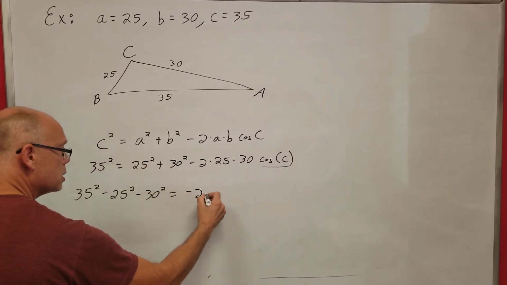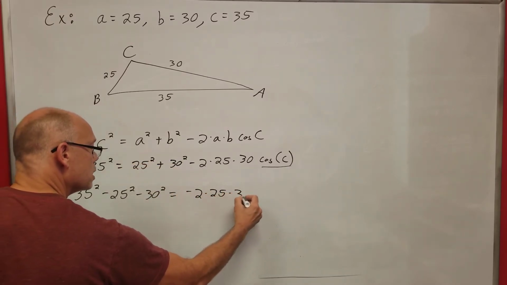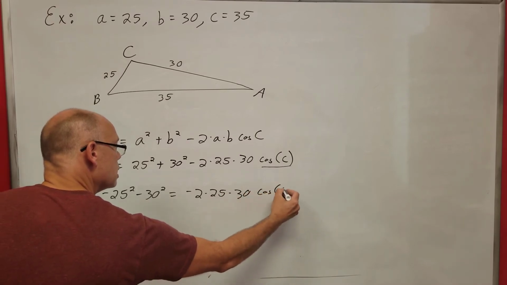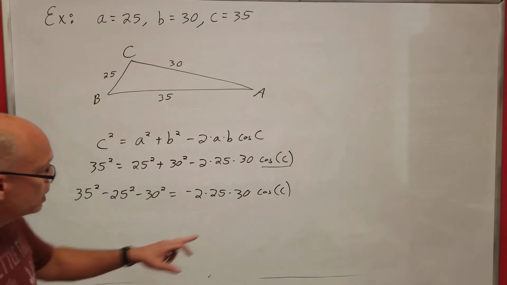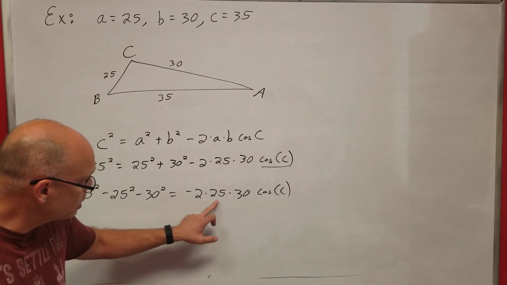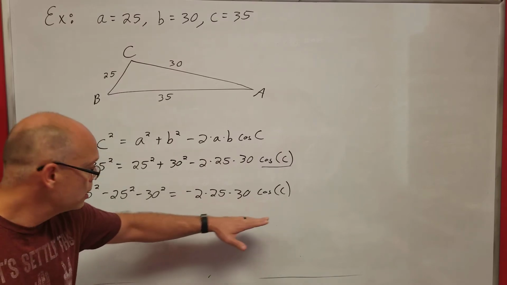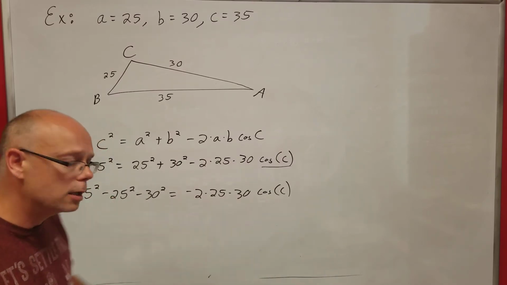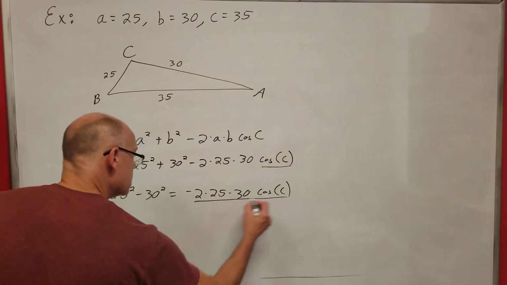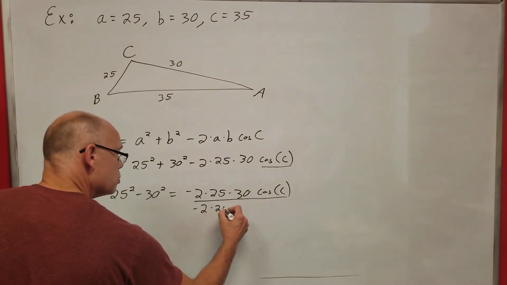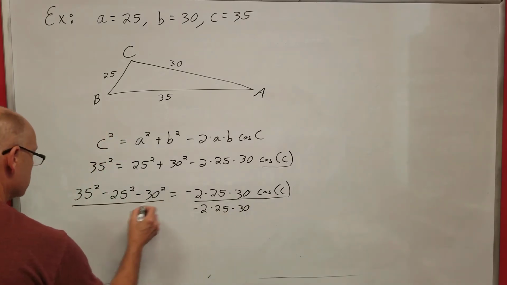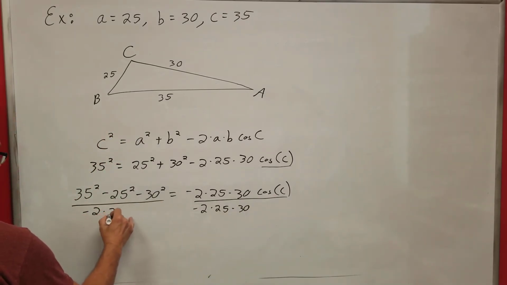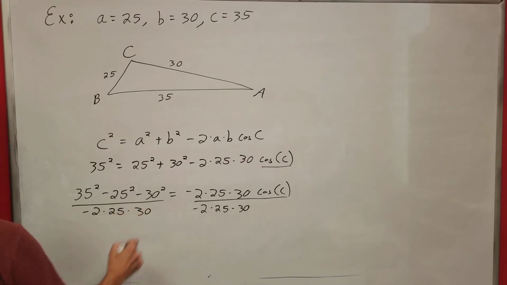I'm left with negative 2 times 25 times 30 times the cosine of C. Now, how do I finish solving for the cosine? Well, all this stuff is being multiplied by my cosine, so I divide both sides by this stuff. So I'm going to divide both sides by negative 2 times 25 times 30.